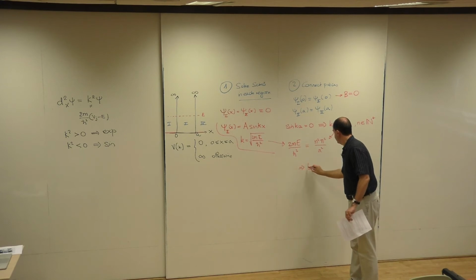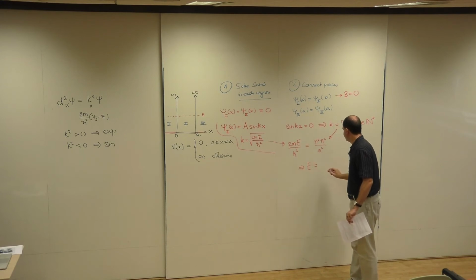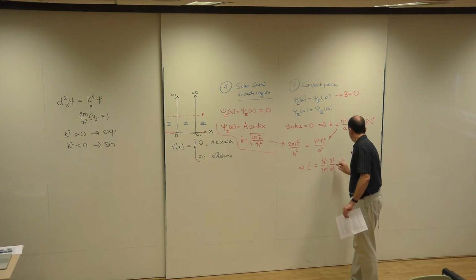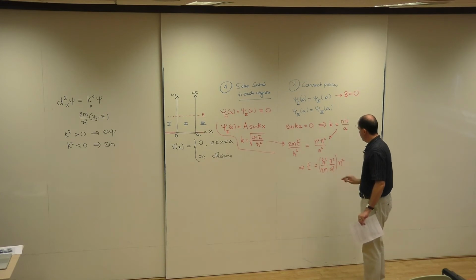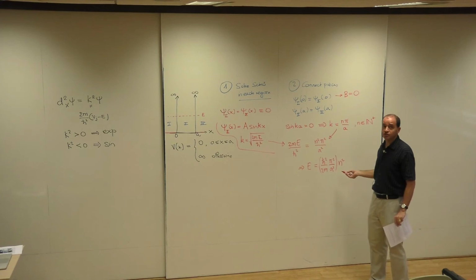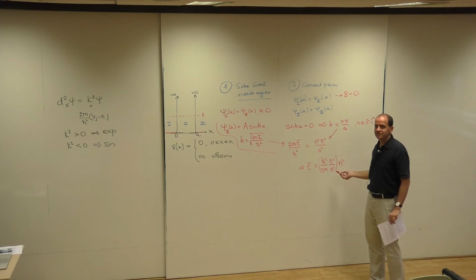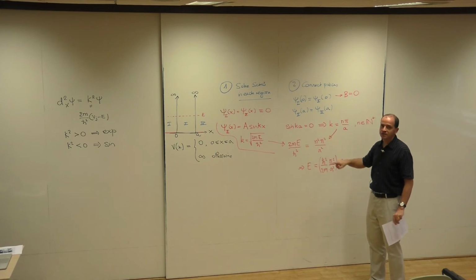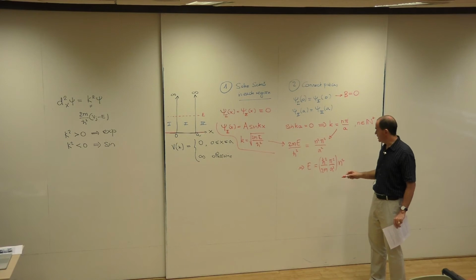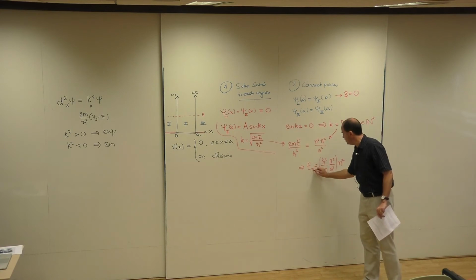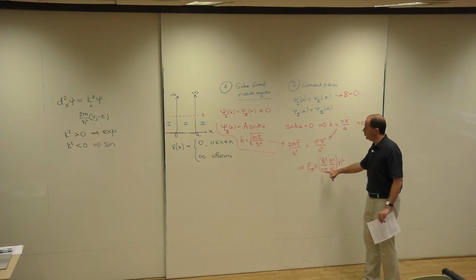You get that E is equal to h bar squared over 2m, another factor pi squared over A squared, n squared. And so you see that the solutions are quantized. So only these values for the energy will give us a solution that is continuous as we expect. So normally we write this E with the index n, and you see that it goes like n squared.